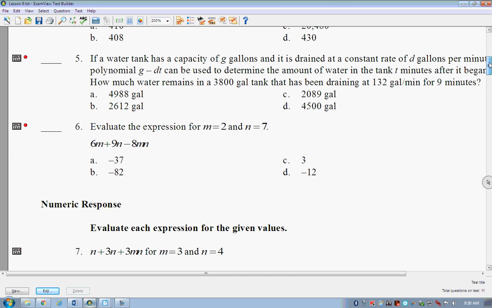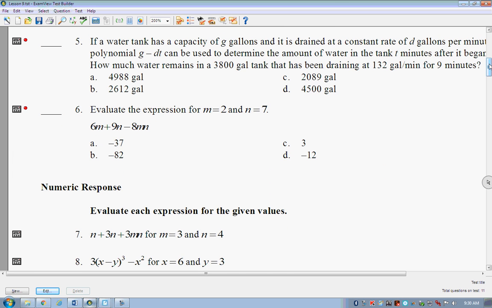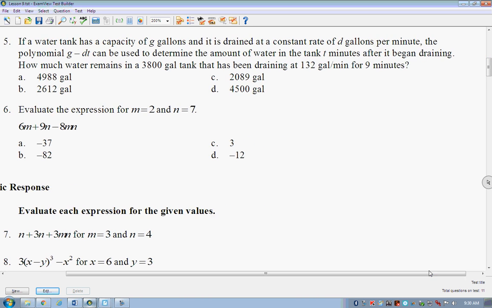I want to get into something like a word problem, because those are the ones that kind of give us fits, okay, in terms of how do I take this information, put it into an equation, go ahead and solve it, right? So if a water tank has a capacity of G gallons, we don't know how much it holds, and it is drained at a constant rate of D gallons per hour.